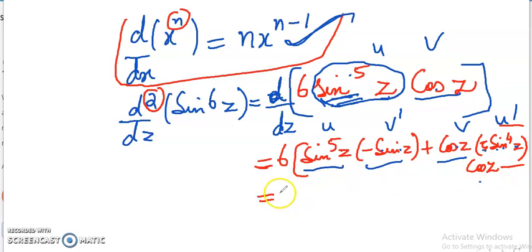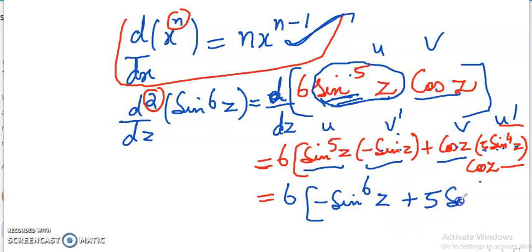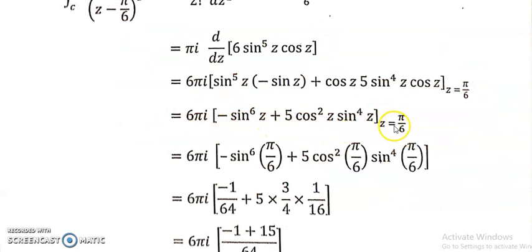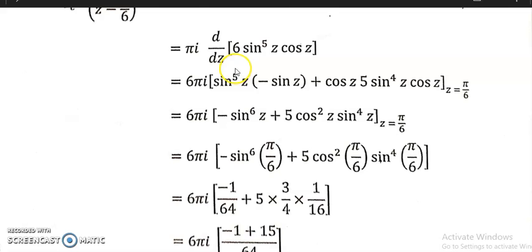So we get 6 into minus sine power 6 z, plus 5 sine power 4 z, cos z into cos z, which gives cos square z. So you get this step.